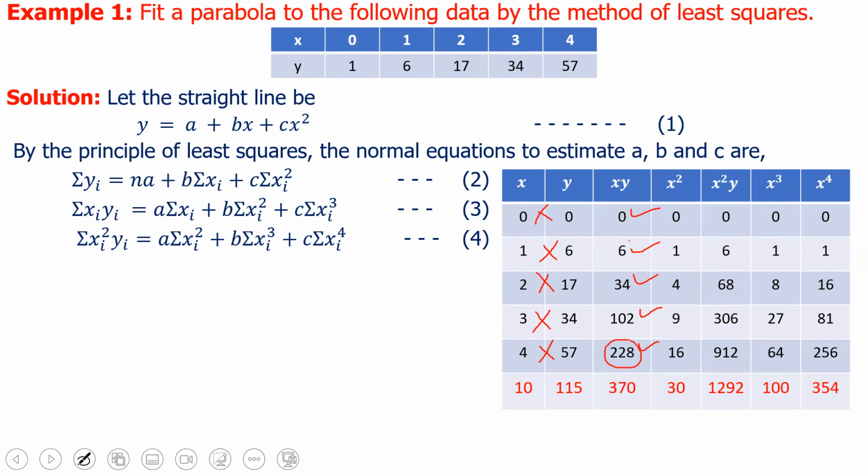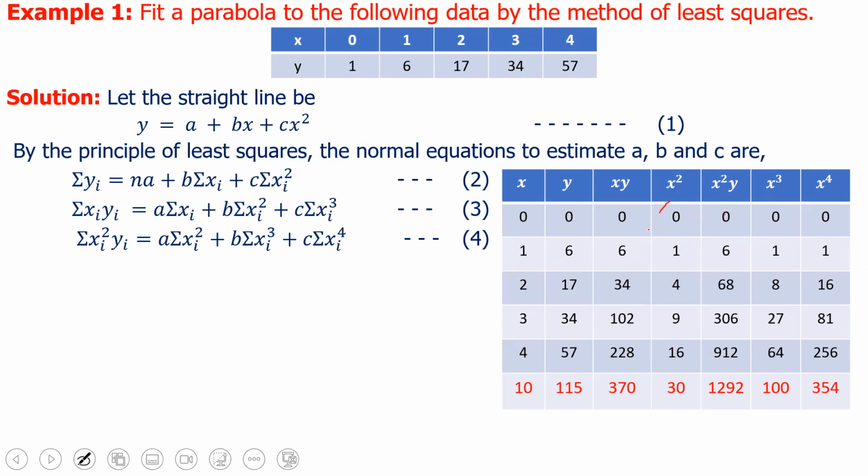So that is xy. Now another part, x square. We have to square these values. 0 square is 0, 1 square is 1, 2 square is 4, 3 square is 9, 4 square is 16. Now x square y.